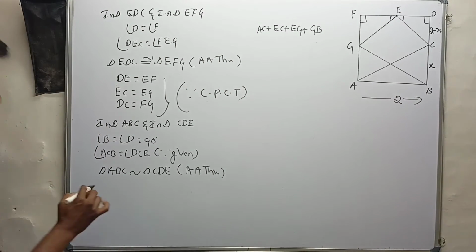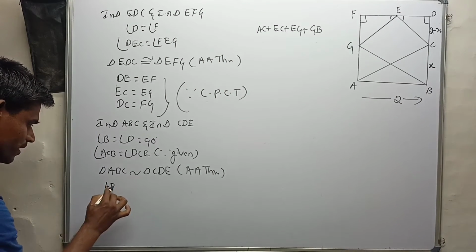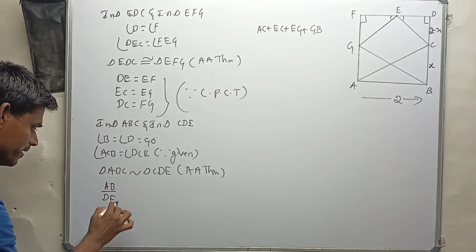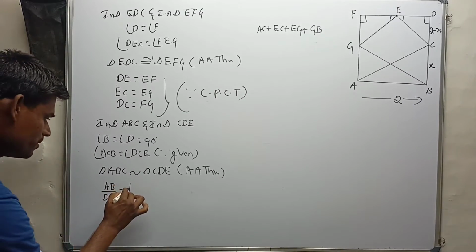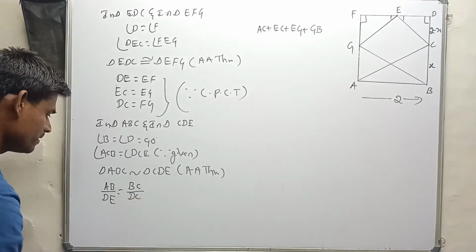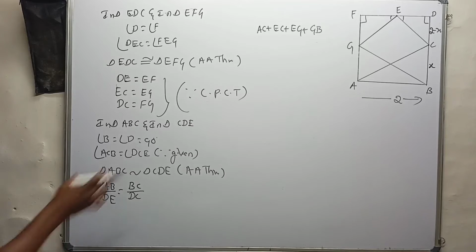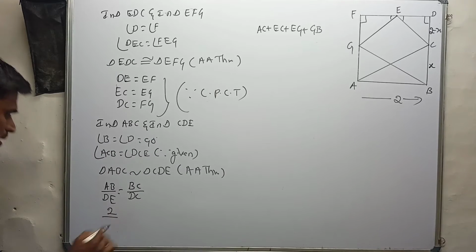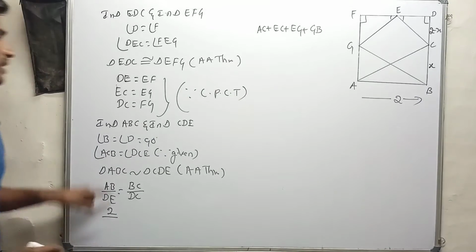Based on that, we can write AB by DE is equal to BC by DC. Then the length of AB, which is equal to 2 meters, divided by the length of DE.